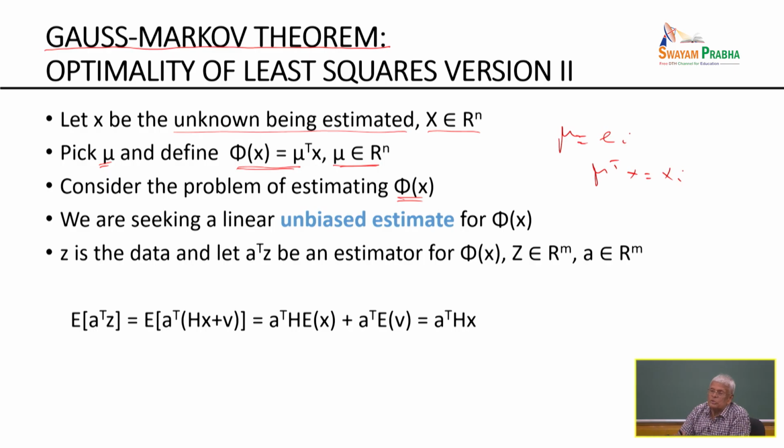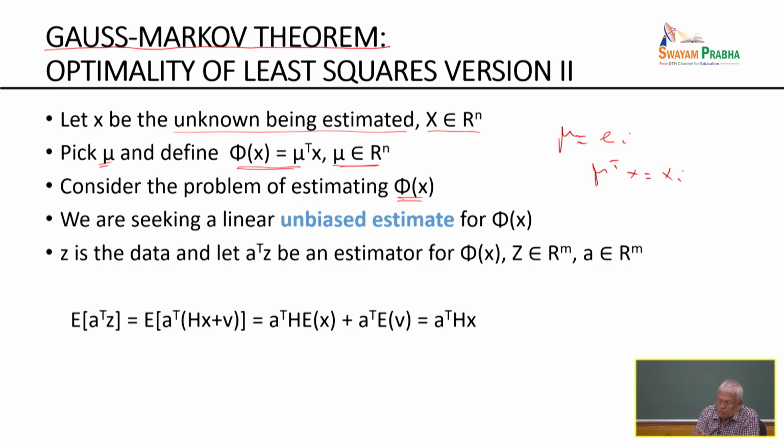So by picking mu to be successively different unit vectors, I can estimate every component of x. So without loss of generality, I am converting the problem of estimating a vector to estimating a scalar, the scalar being a linear functional of the vector, mu transpose x.